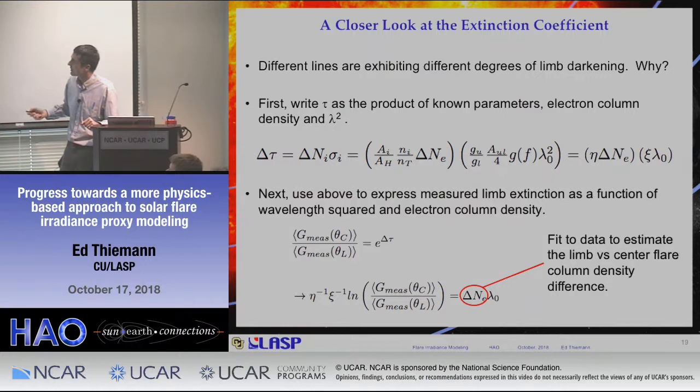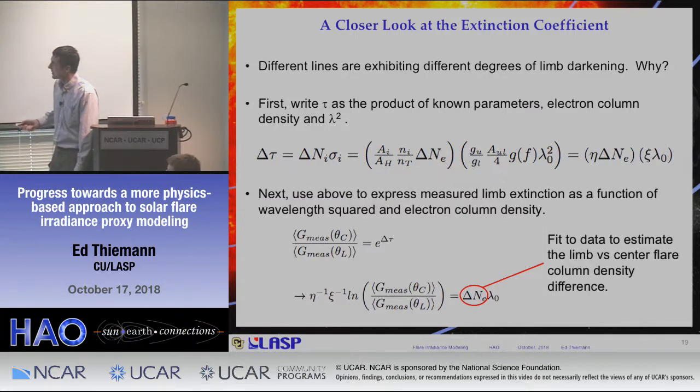And so we can lump all these factors into various constants, except we keep one wavelength term, and we keep this electron density term. And the reason that we do this is we can now divide both sides of the equation by eta and this Greek letter here, which I can't remember right now. And so it allows us to actually measure the average change in the electron column density.